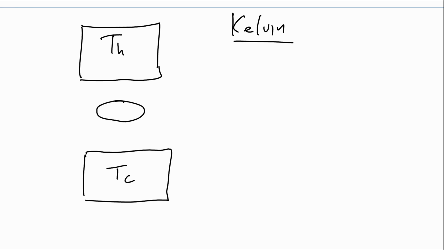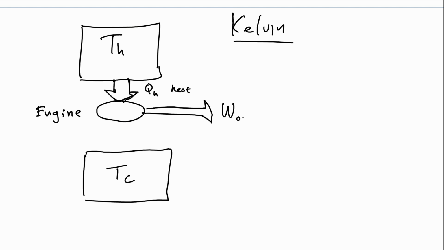So you might stick an engine in here, and then we can let nature do its thing. And so I'm drawing like a river here, and we'll call it Q sub H. So that's heat flowing out of the hot thing into the river. And what we want to do is get some work out. So work sub out is the engineer's work, and we want some positive work.